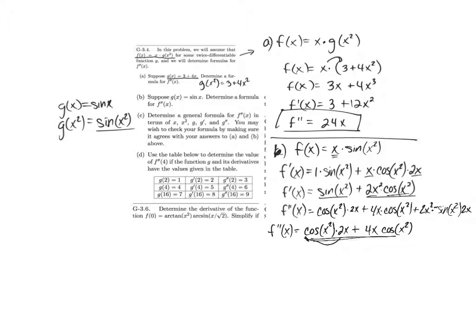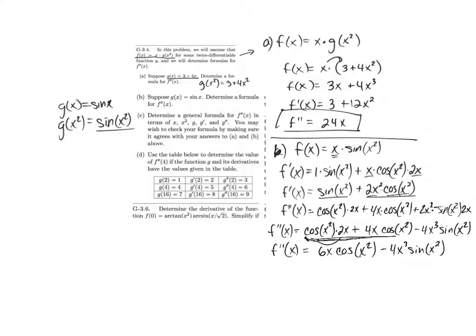And then we have a negative sign and a 2x and a 2x squared, so that would be minus 4x cubed sine of x squared. So cleaning that up, we can group these together to be 6x cosine of x squared minus 4x cubed sine of x squared. So that's part B.